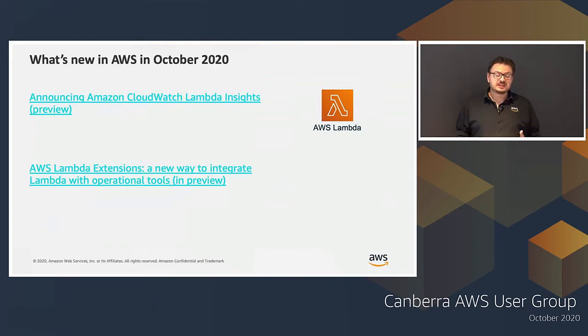Next is the AWS Lambda Extensions, also in preview. So Lambda Extensions is a way to integrate external monitoring and telemetry platforms into your Lambda environments without needing to do this in your application code. So say, for example, you had a third-party tool that you wanted to integrate into your Lambda functions to help provide you with telemetry there.